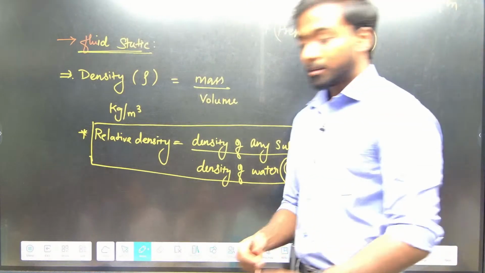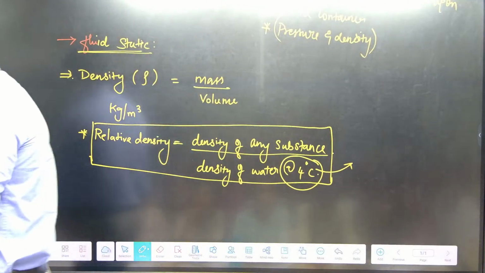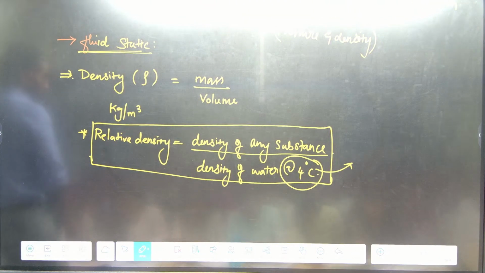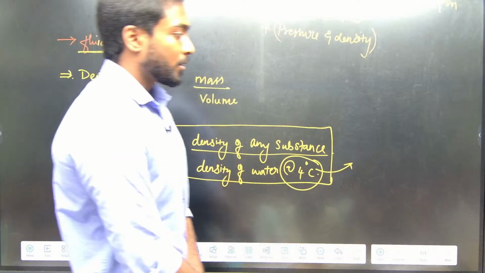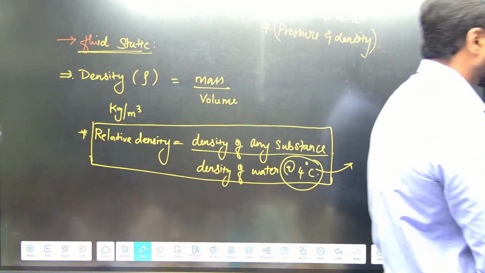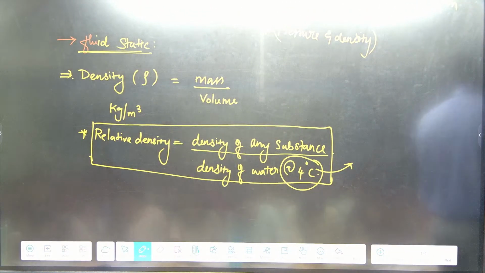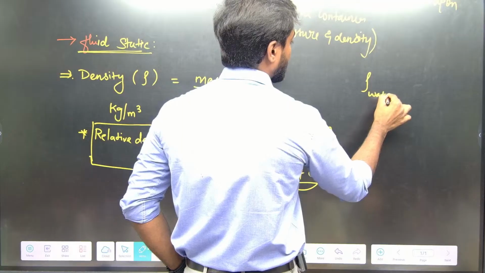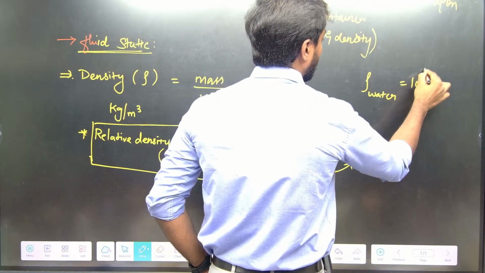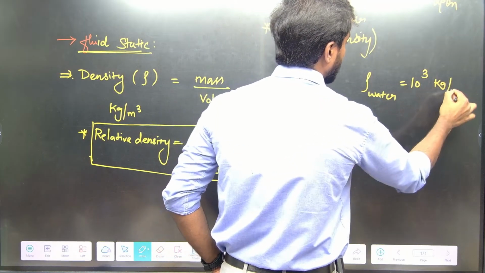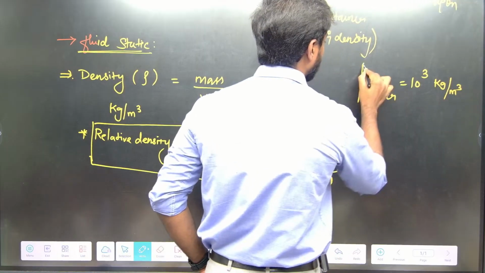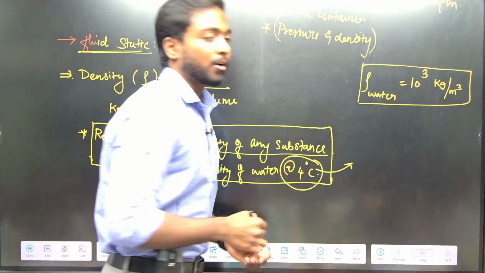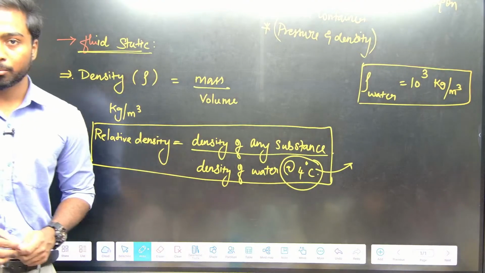Write down the density of water. Density of water is 10 power 3 kg per meter cube.